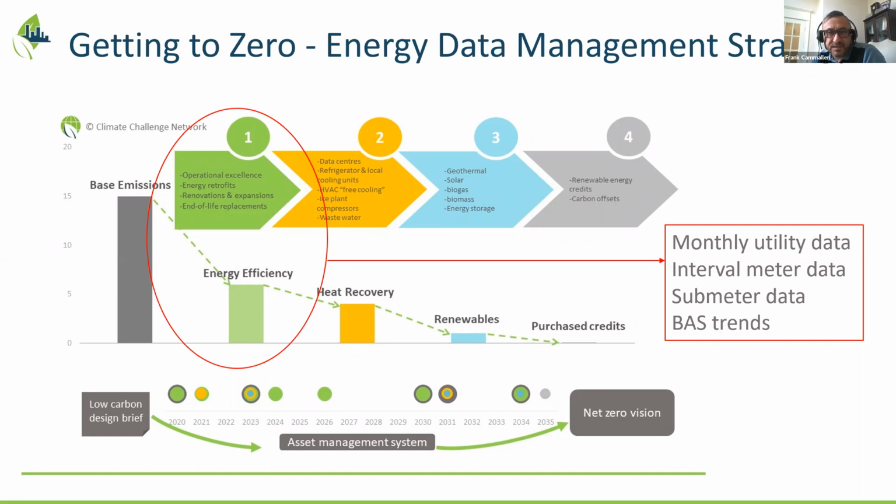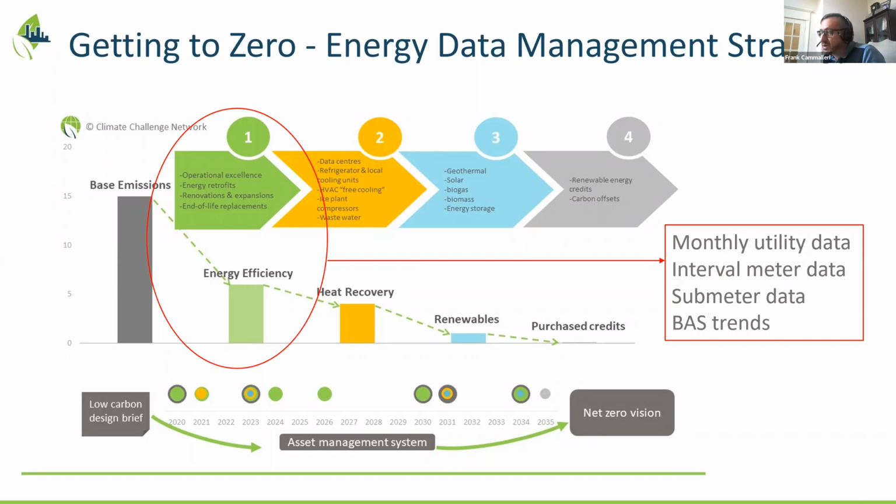Many of you may have seen this in previous webinars, but the first step in all of these pathways to net zero is operational excellence. The other steps follow afterwards: heat recovery, on-site renewables, and renewable credits. Those follow as determined with an optimized building, optimizing the sizing of things and so forth.